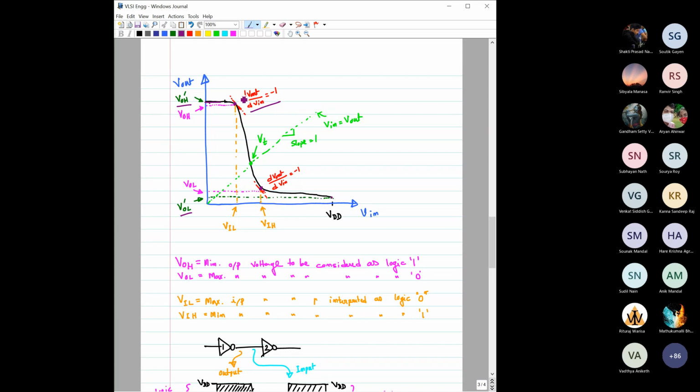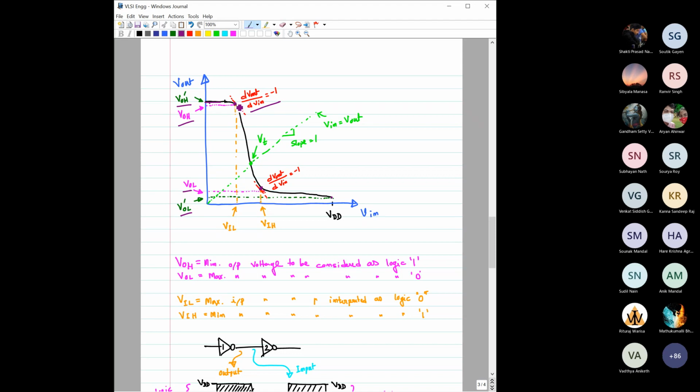Now these 2 points where the slope becomes equal to -1: on the top level, the higher output voltage level, we call it VOH. So this is VOH, and the lower one on the output side is called VOL.